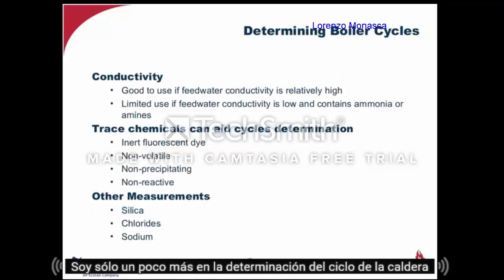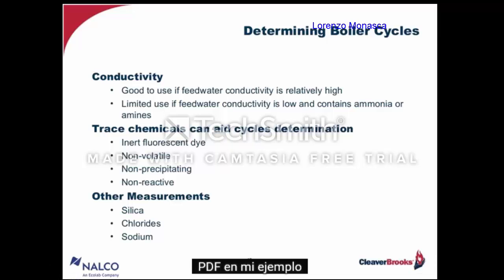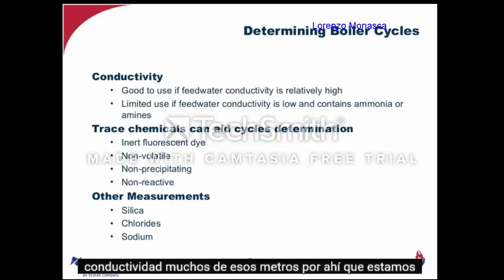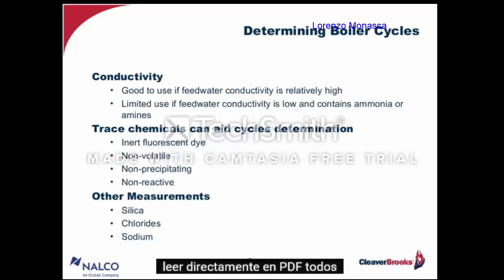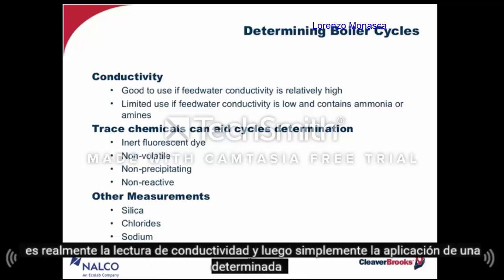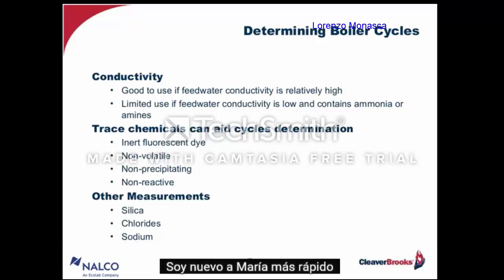And here, just a little bit more on determining boiler cycles. I use TDS in my example. You can also use conductivity, and remember, TDS is just another way of looking at conductivity. A lot of those meters out there that were reading out directly in TDS, it's really reading conductivity and then just applying a particular numeric factor to read out as TDS.